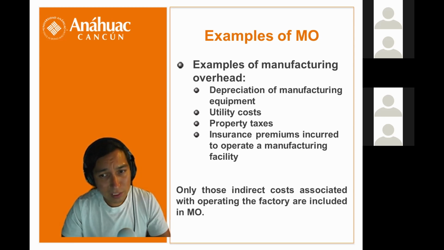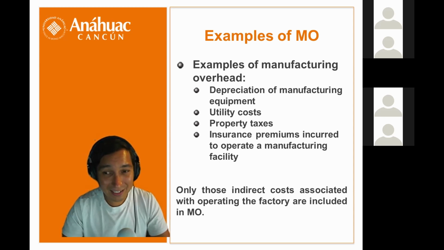It could be all of these things, but it has to be for the factory or manufacturing facility. Sometimes the textbook likes to slip in something like utilities at the corporate headquarters, and that's not going to qualify as MO.